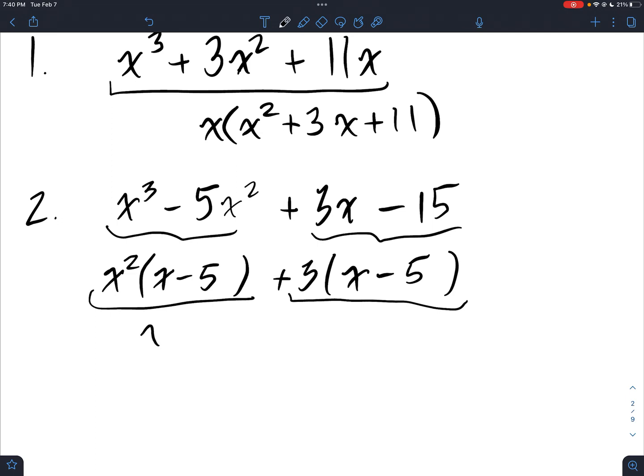And at the end of the day, both of these clumps of terms have an x minus 5, so I can take that out, and you're left with just this. So this factor by grouping only works with cubics that have a quadratic, but it doesn't have a middle term. It's like, I'm sorry, it's x squared plus 0x plus 3.